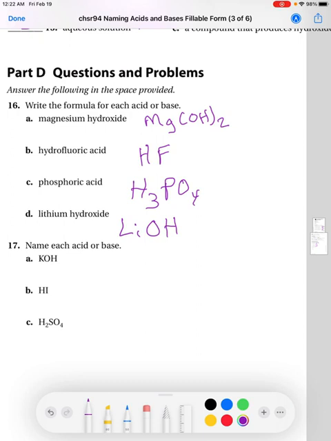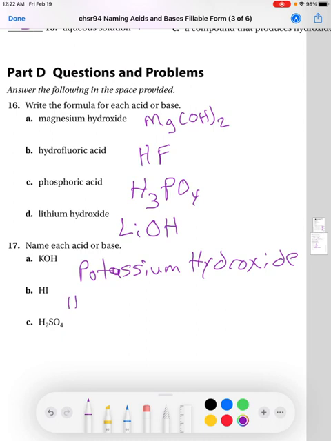Lithium hydroxide, it's making a comeback, but OH is minus, lithium is plus, 1-to-1 ratio. So this one is potassium, and the OH is a hydroxide anion, so this is potassium hydroxide. Potassium hydroxide, like sodium hydroxide, is also a strong base.